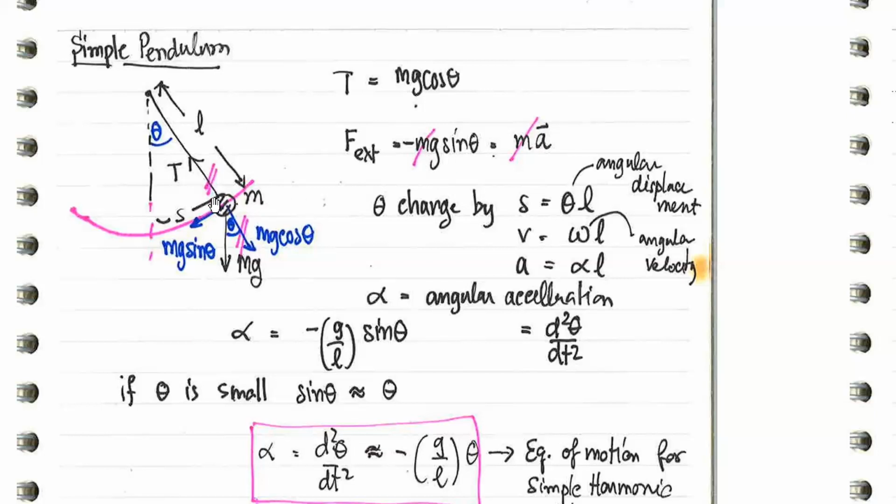Now, because the object is tied to a fixed point by a distance L, it cannot move any further than that length. So it moves along a circular path.